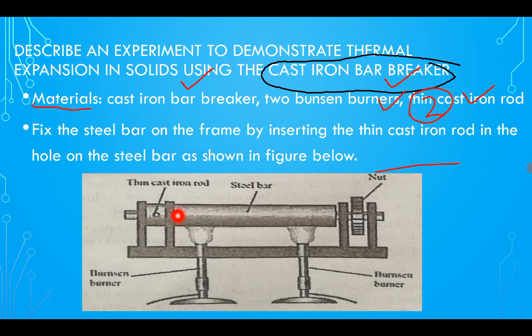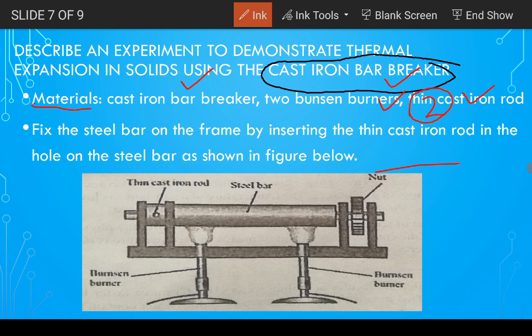So fix the steel bar on the frame. This is a frame. All this you see here is a frame. So we're fixing the steel bar, and then insert the thin iron rod into the hole here. It's a bit tricky for you to see what it is like. This is the steel bar, and it has a hole at one end, this part here.